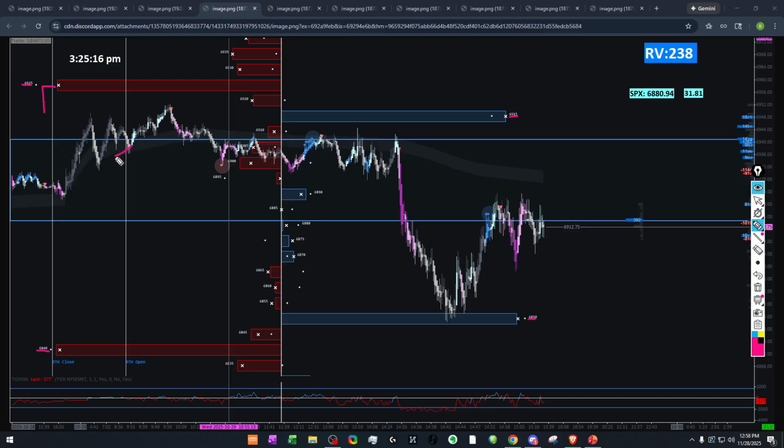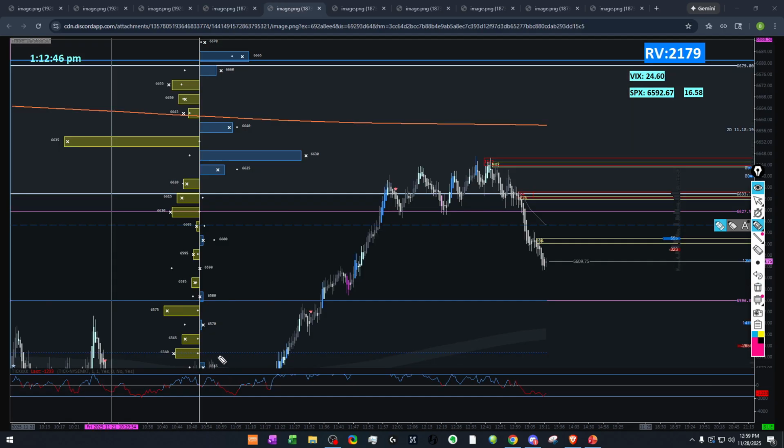So we opened the day here. We couldn't get above this positive node, kept failing, sold through. Where did we end up? At their lower strike, the lower positive node. And that's where we found buying and we moved higher from it.